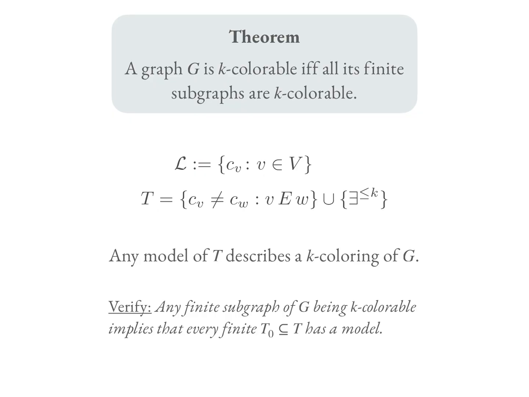So now it's not hard to verify then that every finite subgraph being k-colorable implies that every finite subtheory T0 of T has a model. Right? Because the way we set it up, this translates into this. Okay. But now we have this, then applying the compactness theorem gives us that T has a model.